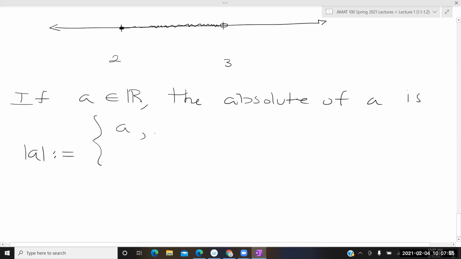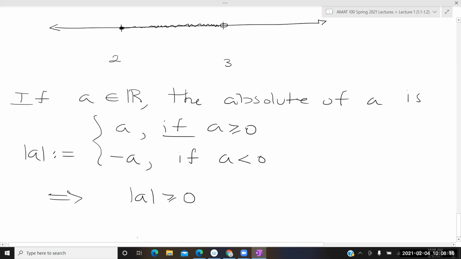The absolute value of A is equal to A if A is greater than or equal to 0, or it's equal to negative A if A is less than or equal to 0. So immediately from this, we can see that the absolute value of A is always non-negative, because it can be 0.